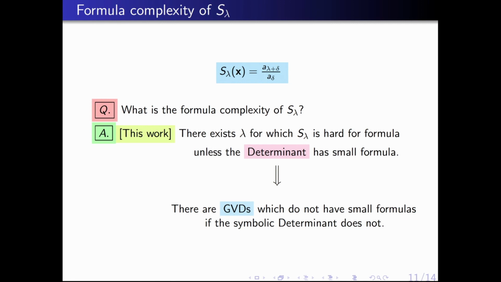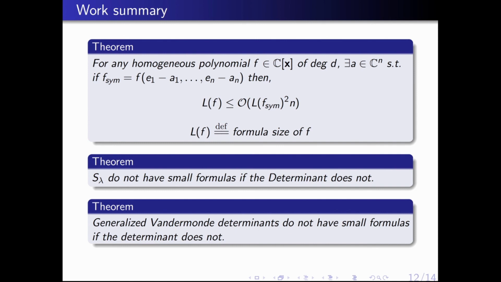This is the overall work summary. We present a restricted Blazer-Zintal kind of statement for formulas, and we prove that Schur polynomial, that is S lambda, and generalized van der Monde determinants are hard for formulas unless the determinant doesn't have a small formula.